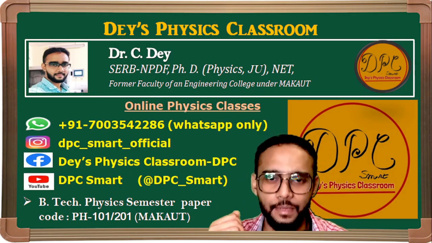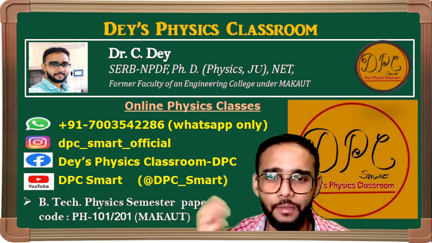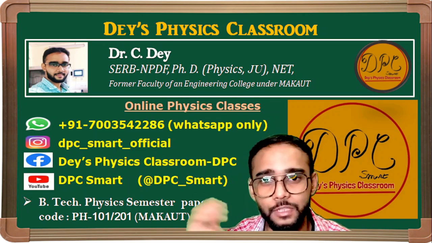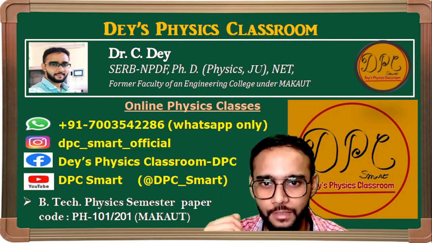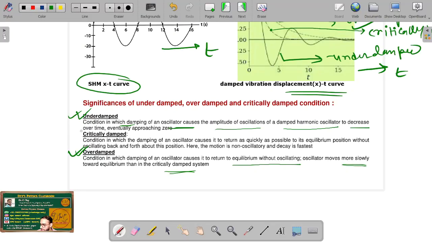Now for critically damped vibration, the motion is non-oscillatory in nature, but the decay of displacement is the fastest among these three. So the oscillator will try to bring itself back to its initial equilibrium position as fast as possible. So critically damped vibration is the condition in which the damping of an oscillator causes it to return as quickly as possible to its equilibrium position without oscillating back and forth about that position.